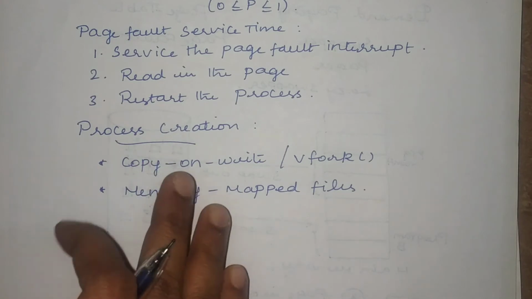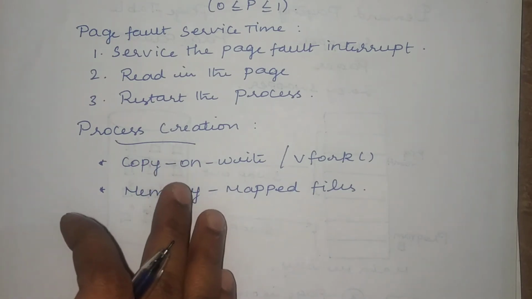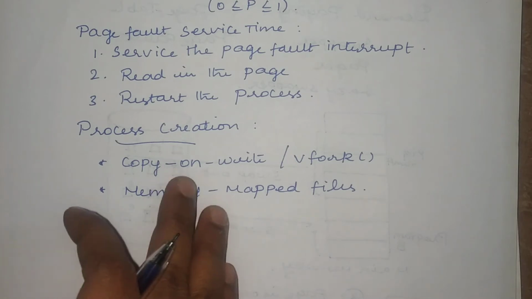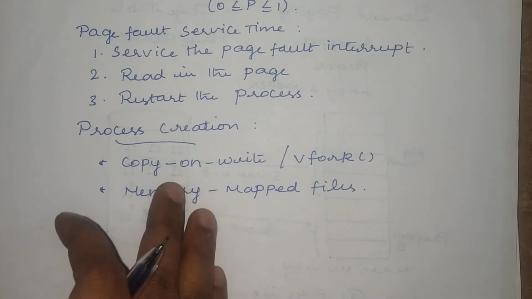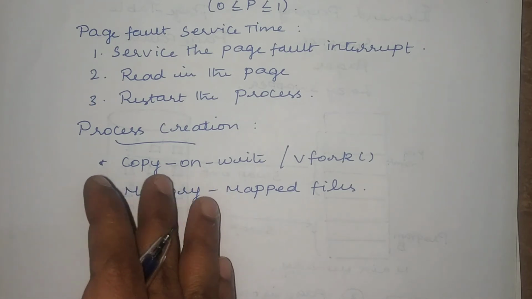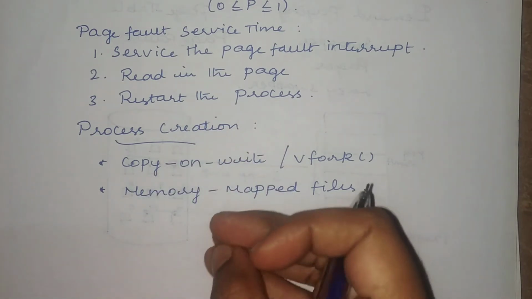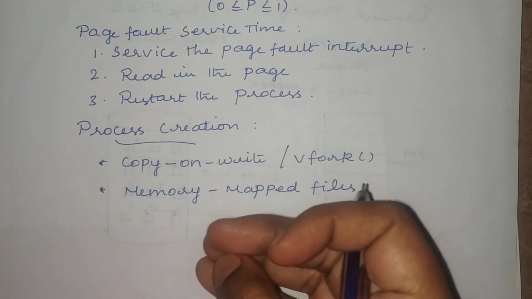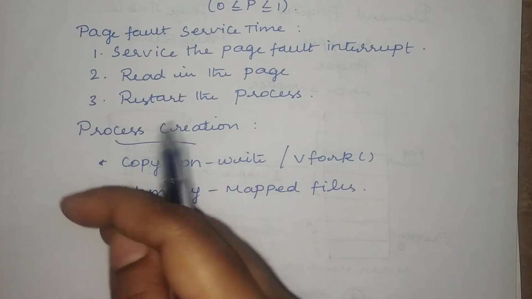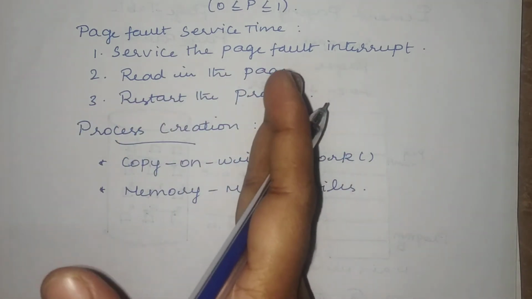Process creation is one of the major operations done on a process. Whenever you create a process, the creating process is said to be the parent process, and the process that is created is the child process, right? So how will the memory space be given to the child process?